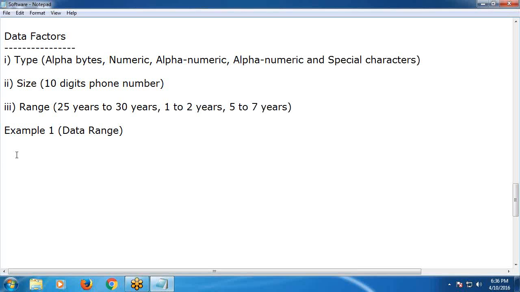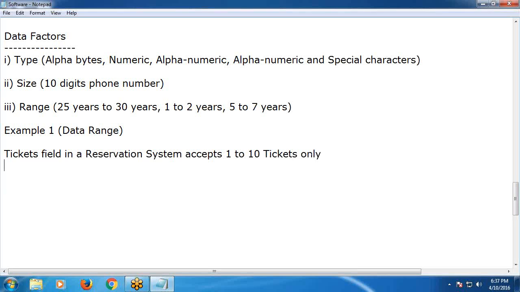You can enter 5, 7 or 8 tickets, but 11 tickets is invalid, 0 is invalid, 20 tickets is invalid.